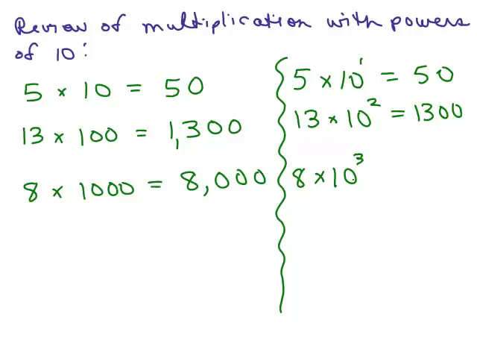Because that means 10 times 10 times 10. So this would tell you to do 8 and tack on 3 zeros, all right? So on the right, I've written it as powers of 10. I'm multiplying whole numbers by powers of 10. On the left, I've actually written out the number in standard form, either 10 or 100 or 1,000.